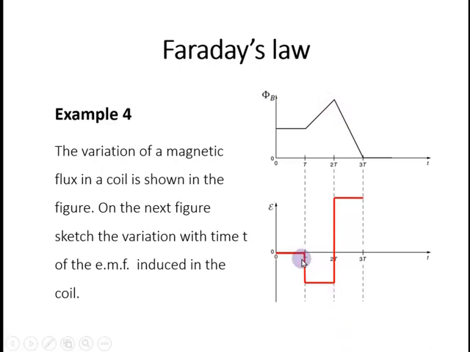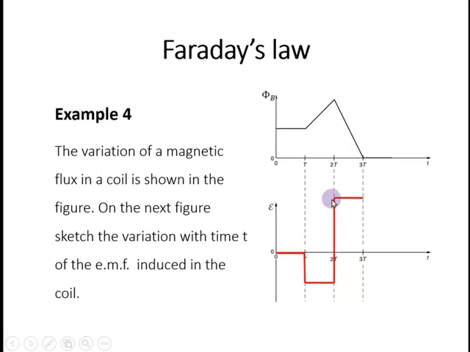Another important feature that you need to take note of is that the magnitude of this one is smaller than the magnitude here. You see, this one is going far. The reason being that this one is changing twice as much as this change, even though it is reducing, over the same period of time.